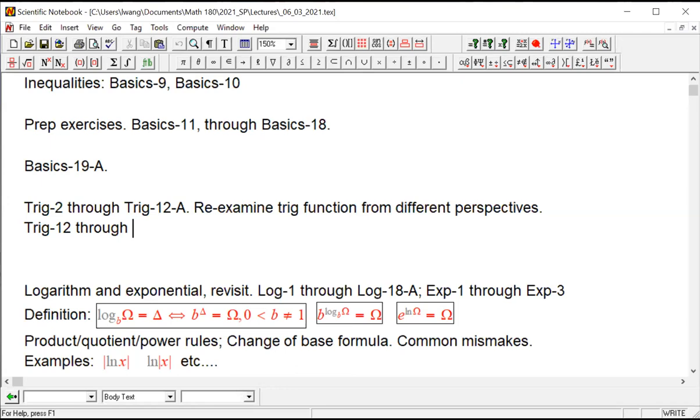Did we do the deriving of trig formulas? I forgot. I think I might have given you some videos to watch, right? Deriving of the trig formulas. I thought we did.